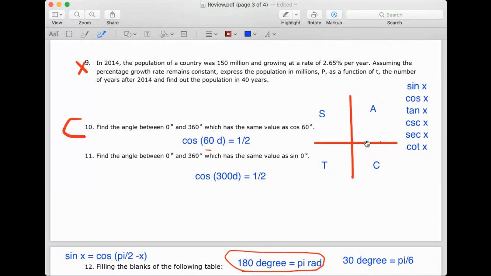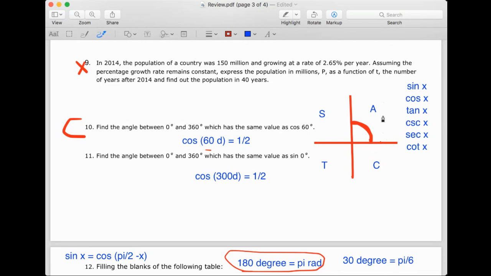So if the angle is between 0 and 90, which is in the first quadrant, all the 6 trig functions are positive. Sine 60, cosine 60, tangent 60, all positive.